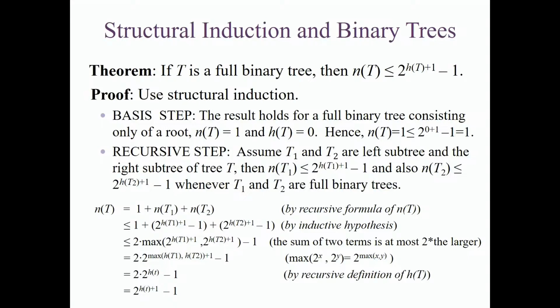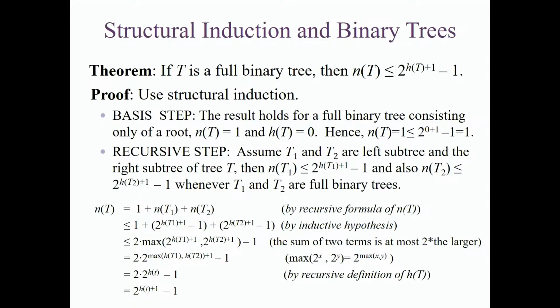So for the inductive hypothesis, we assume this property is correct for T1 and T2. Therefore, we can write n of T1 is less than or equal to 2 to the power of h of T1 plus 1, minus 1. It also holds for T2. So we have two such inequalities as our inductive hypothesis.